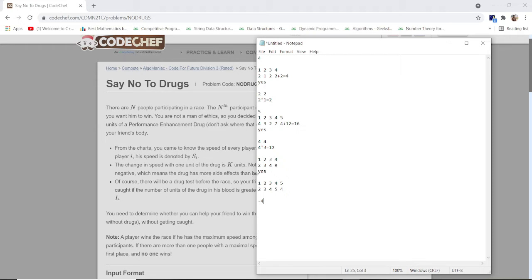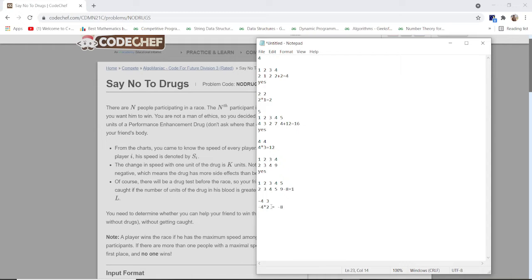Suppose the speed of my friend is 9, and if I push 1 unit, it will decrease the speed by 4, and the limitation is 3. So I can take at most 2, so -4 into 2 is -8. It will decrease the value, and if I add it, 9 - 8 equals 1.